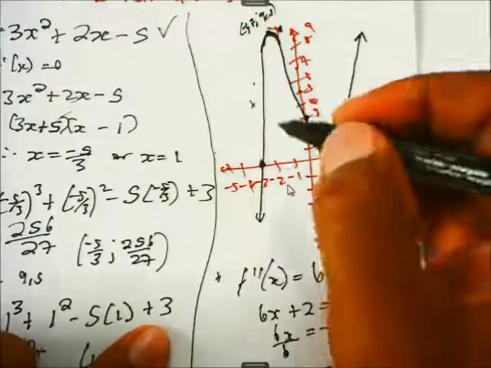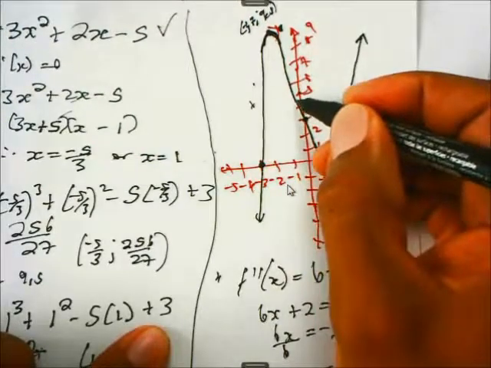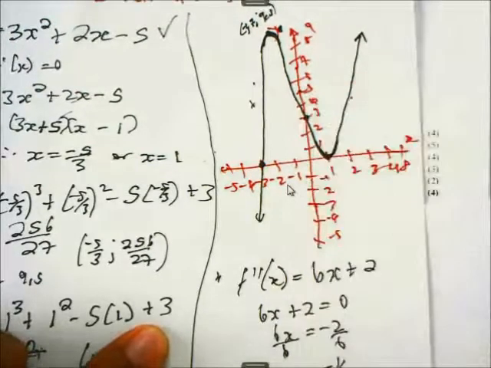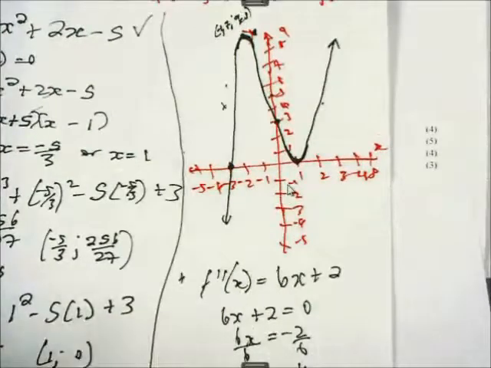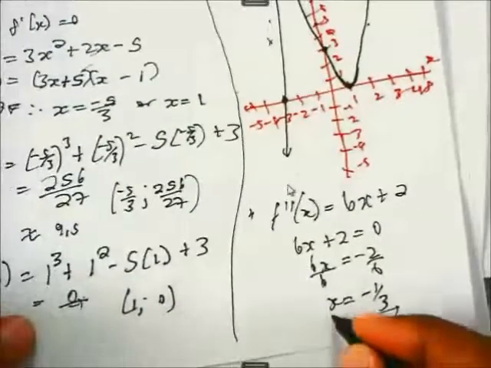Of course, it will be somewhere here on this side. Is that correct? Yeah, it will be somewhere here on this side. Right. How do you determine the corresponding y value? Of course, you know that you just take this one and substitute it in the original equation. I can just do it quickly here with the calculator.